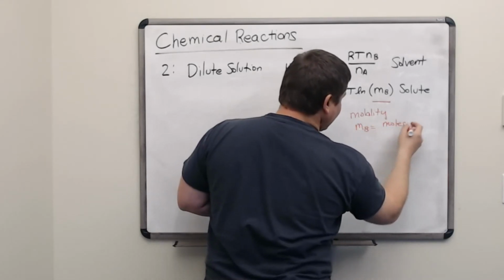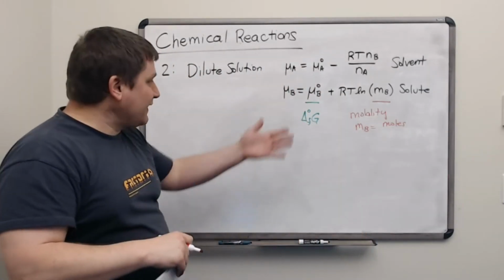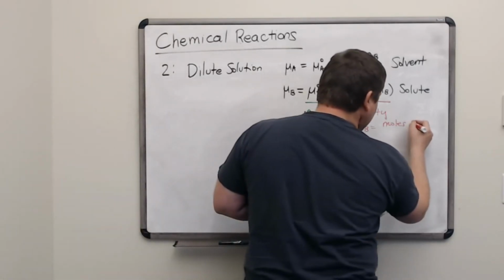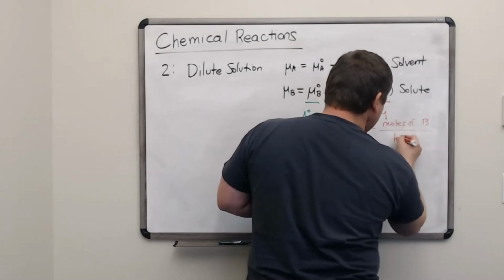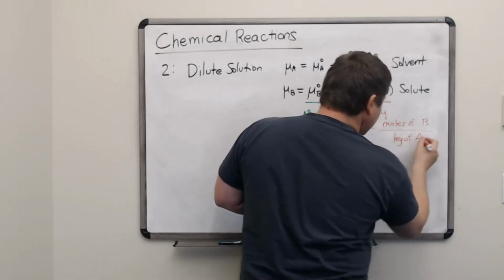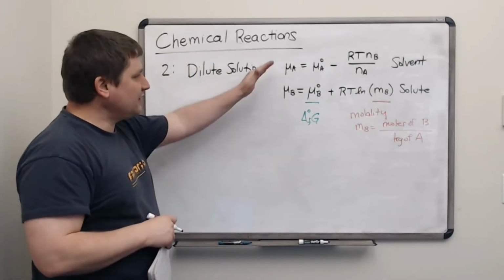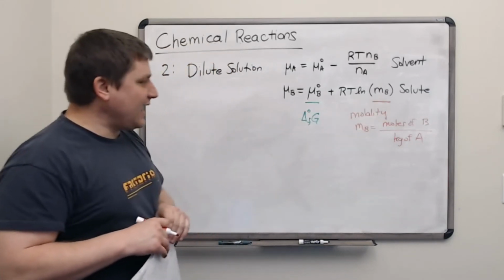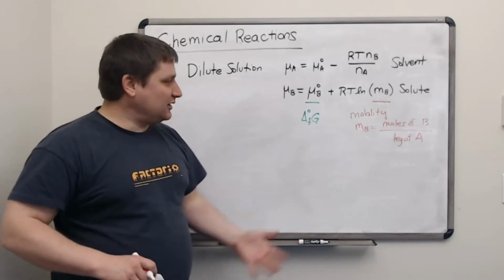And that's directly related to the number of atoms or molecules of type B in the dilute solution. So it's moles of B divided by the number of kilograms of the solvent.